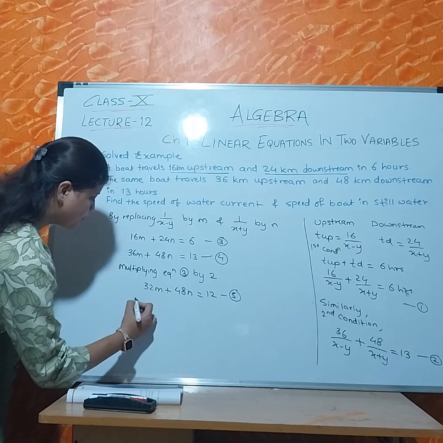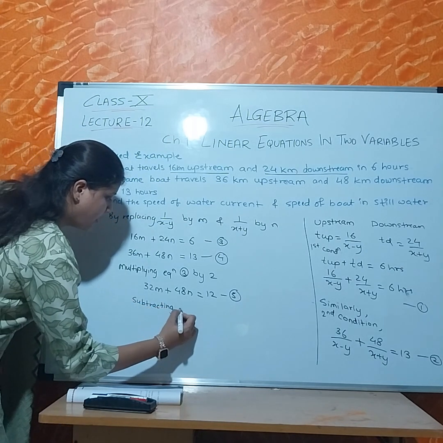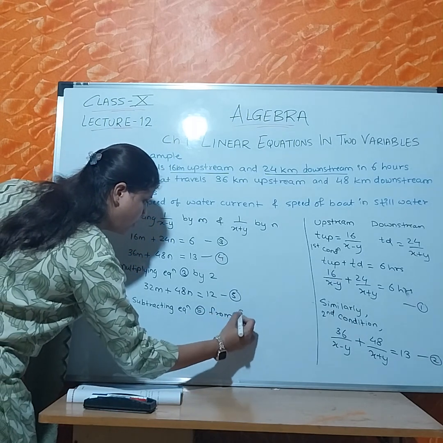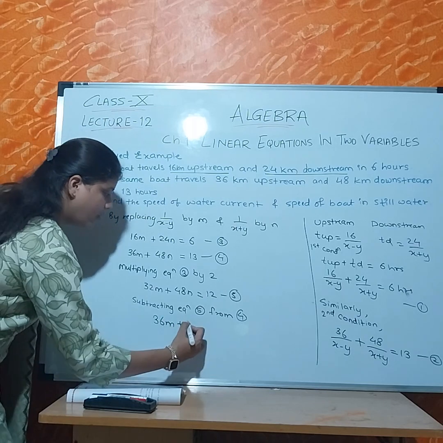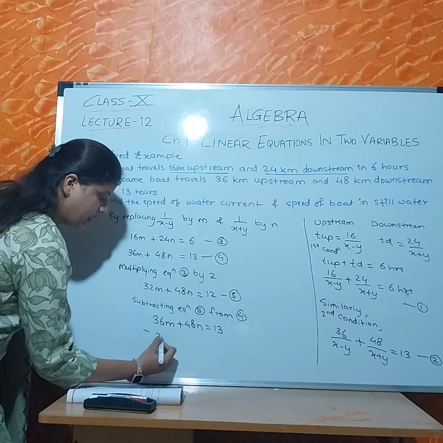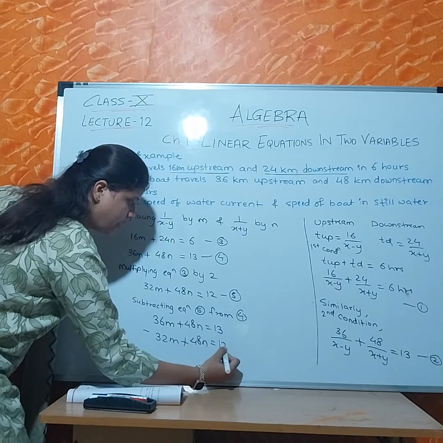Now see, subtracting equation number 5 from 4, we get 36m plus 48n is equal to 13 minus 32m plus 48n is equal to 12.